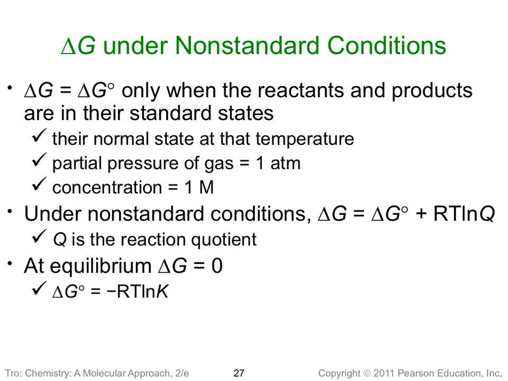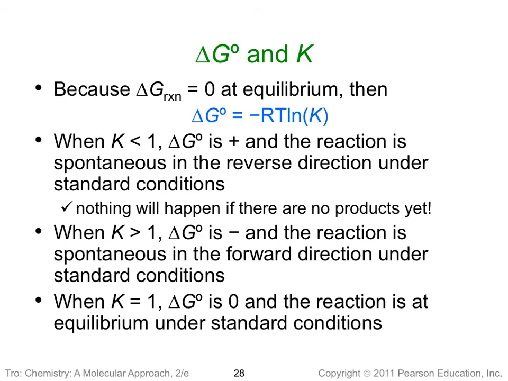Because Q is the reaction quotient. And so we have to put in this factor that actually changes where the delta G is. But then we can also look at this and say, okay, delta G0 is equal to minus RT ln K. So now we have some idea of how to decide which way the reaction is going to go with putting delta G into the mix.